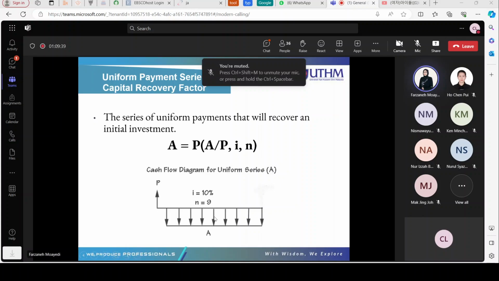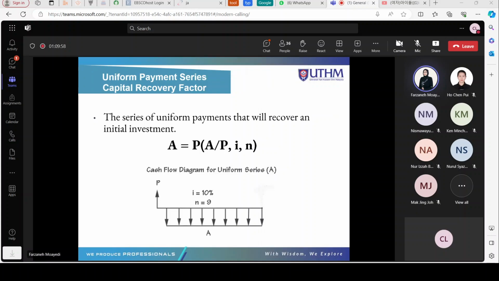Where you can see multiple arrows here, if we consider this year 1, year 2, year 3, year 4, each arrow at the end of each year means that every single year you are paying an amount of money.